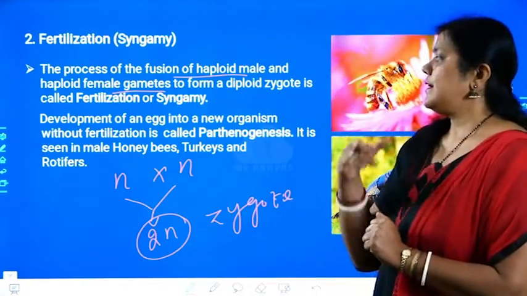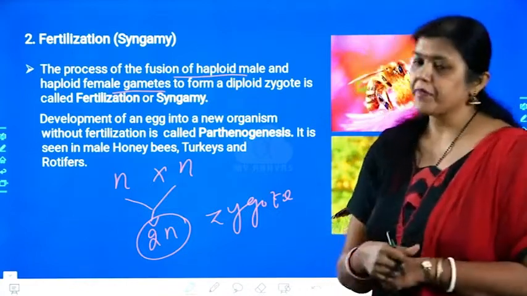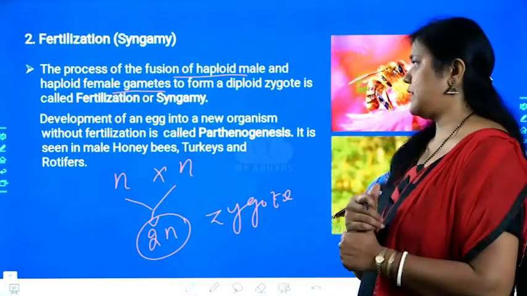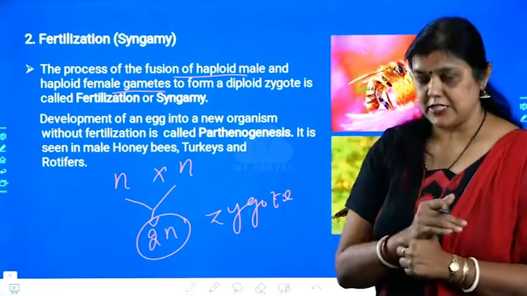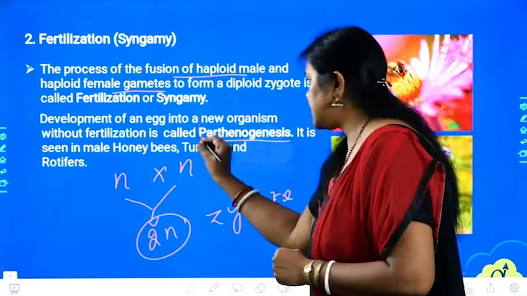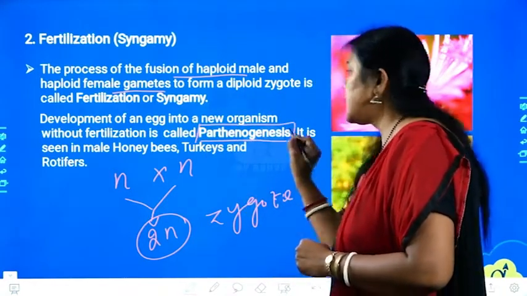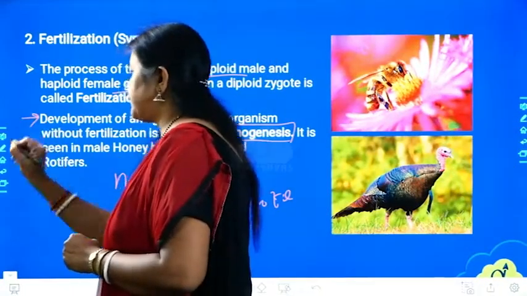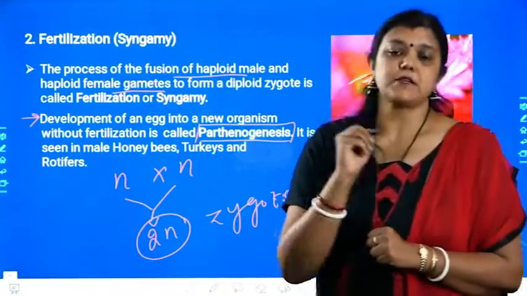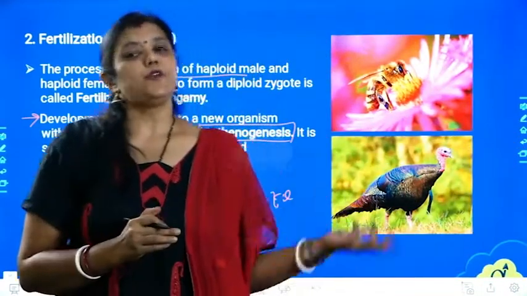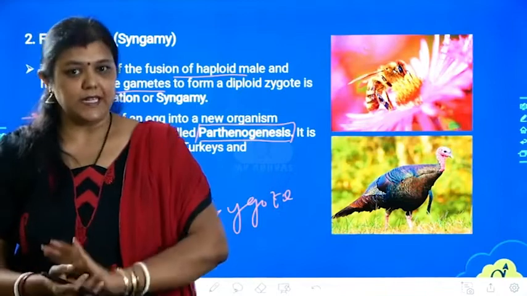Now, development of an egg into a new organism without fertilization is called parthenogenesis. Here is one more definition along with fertilization. What is parthenogenesis? Parthenogenesis is a process where an egg can develop into a new organism without fertilization.